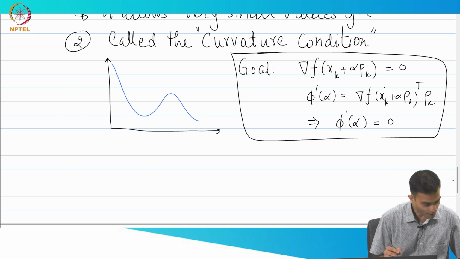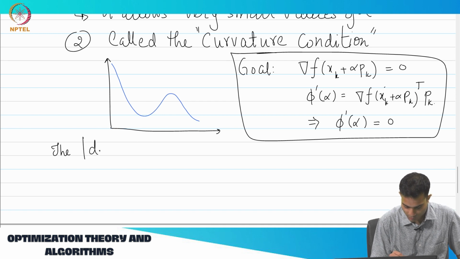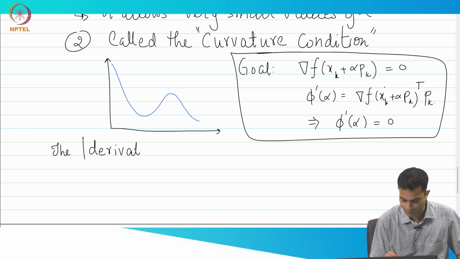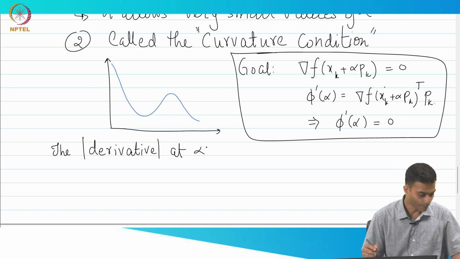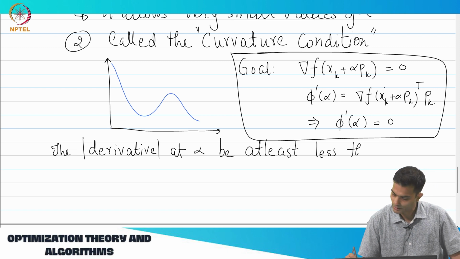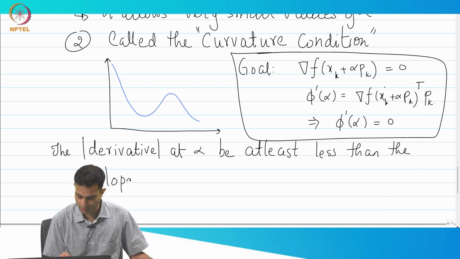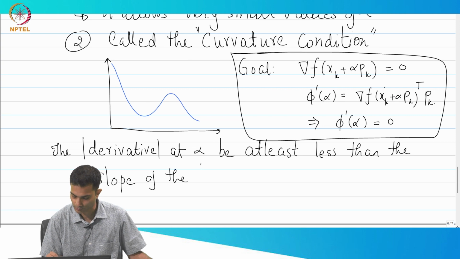In words, what it says is the value of the slope, the derivative at alpha, should be at least less than the slope of the linear approximation.